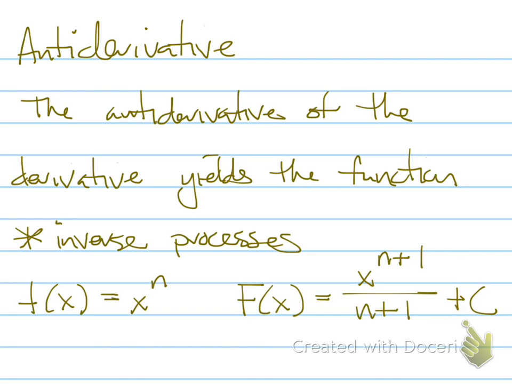And for the antiderivative, we also need to add a constant because, again, whenever we take the derivative of a constant, we get 0. So since they are opposite, inverse processes, when we're taking the antiderivative of a function, we need to remember to include the constant.